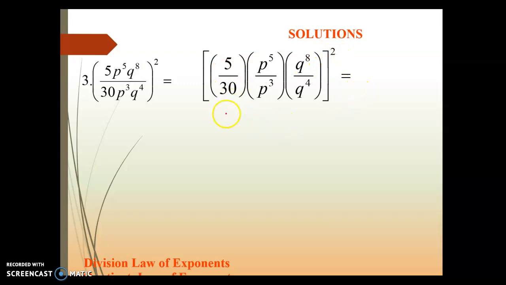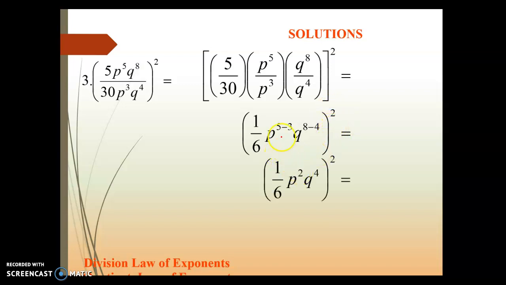Let's simplify this. We'll get 1/6, and 5 minus 3 and 8 minus 4, raised to 2. You still need to copy the exponent outside. Next, simplify 5 minus 3 and 8 minus 4, so p squared q to the 4.